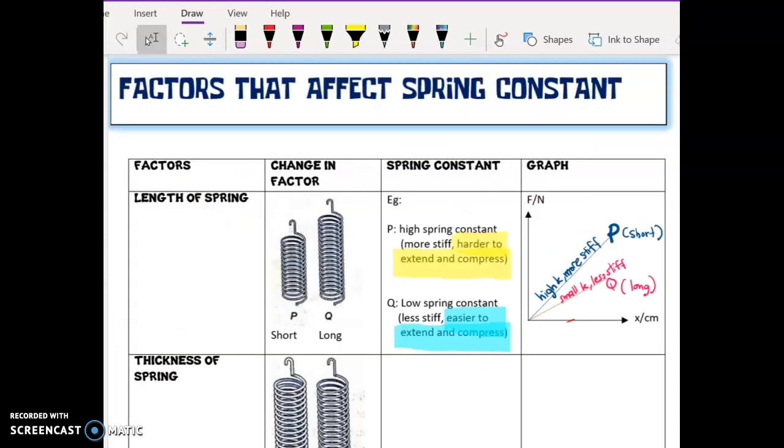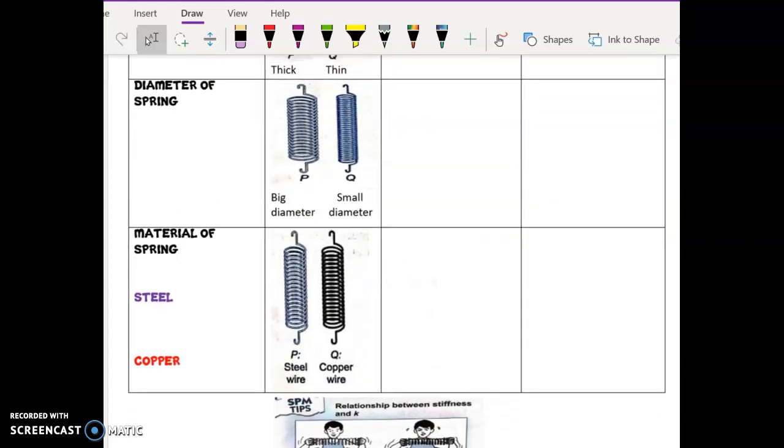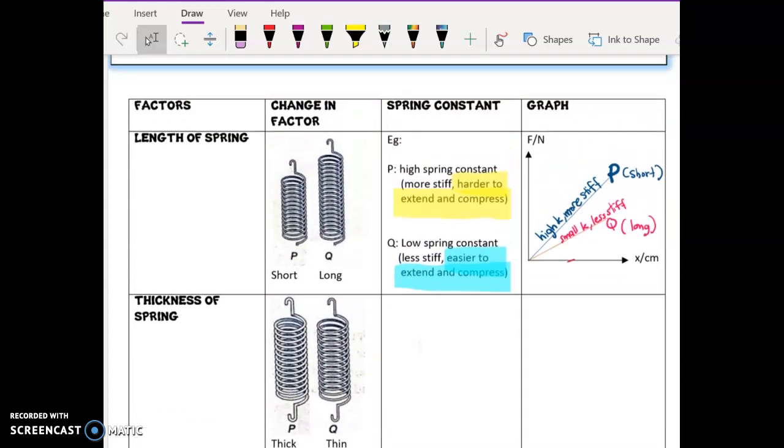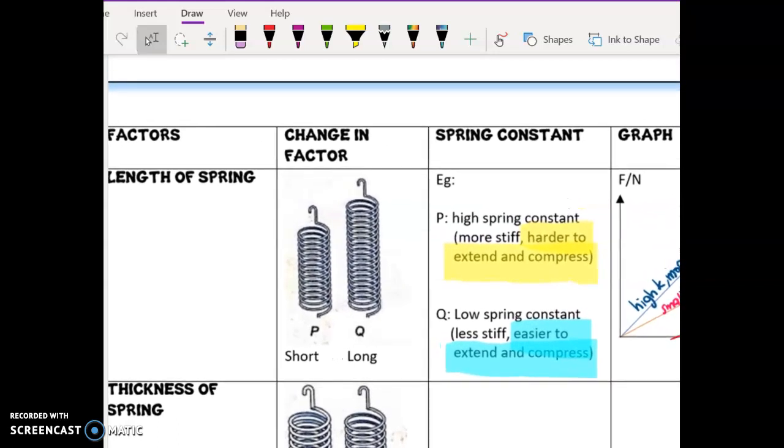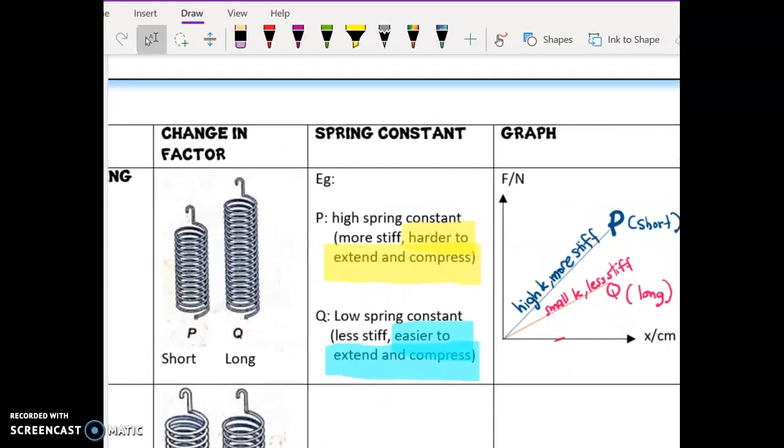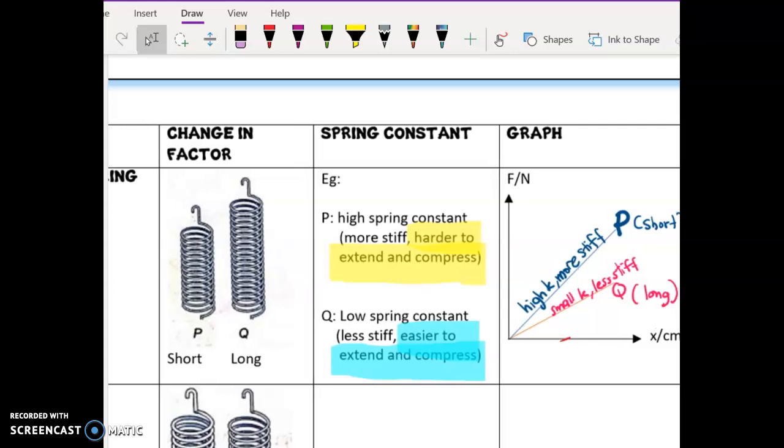Okay, for the last part of this subtopic, it is the factors that affect the spring constant. Here I have 4 factors affecting the spring constant. Let's look at the first one. If you have a short spring and a long spring, which one is more stiff? A stiff spring is harder to extend and compress.